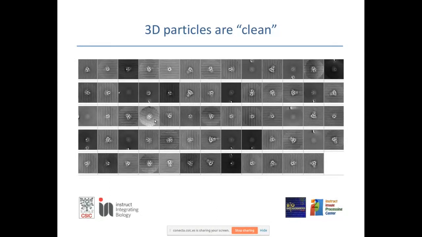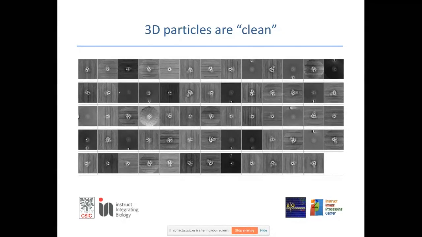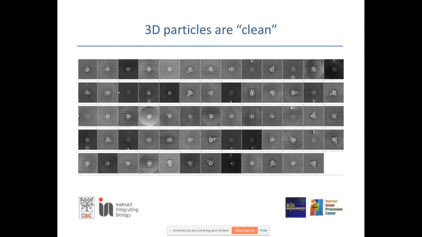But if the particles are randomly oriented, the pattern of the aperture will cancel, because it is oscillating, and then on average it will give a zero mean. In 2D that is different, because in 2D we are trying to align the information that we have there, and the pattern is very strong 2D information.